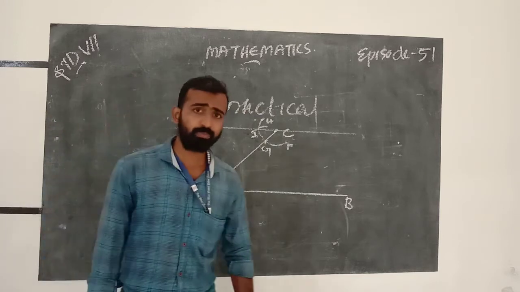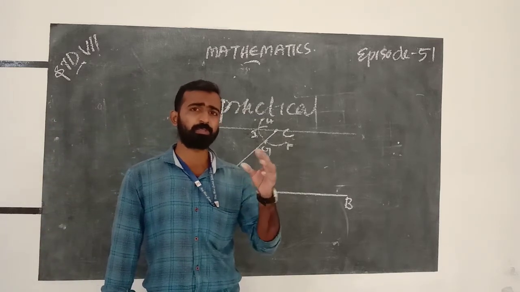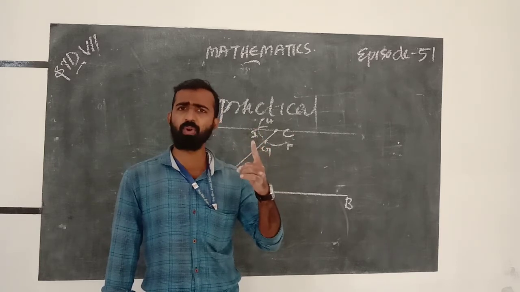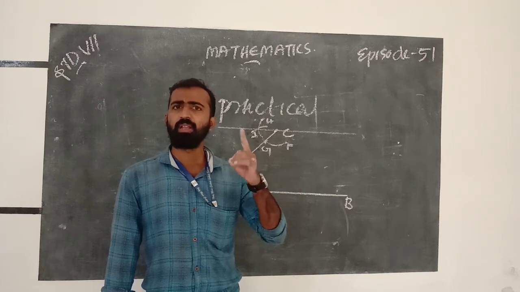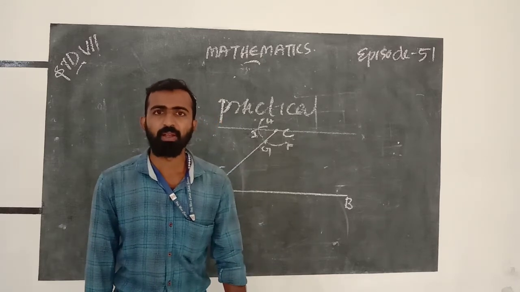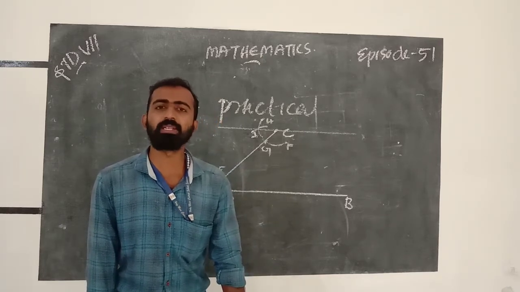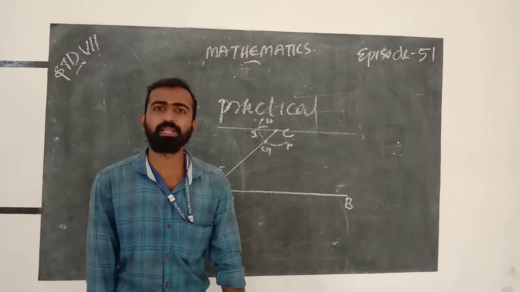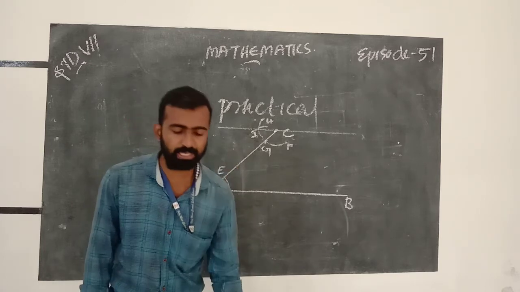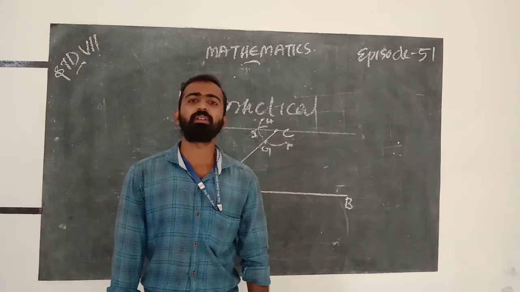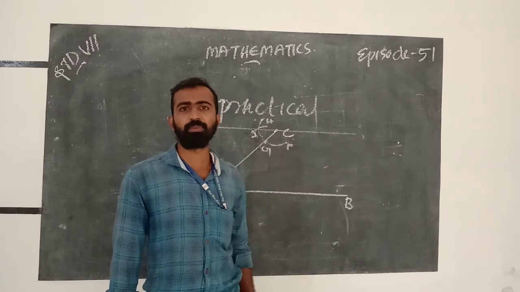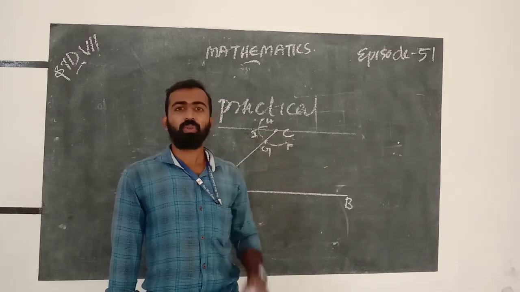One more thing, for more explanation: when we take the reciprocal in the division of rational numbers, we take the reciprocal of the divisor, not the dividend.